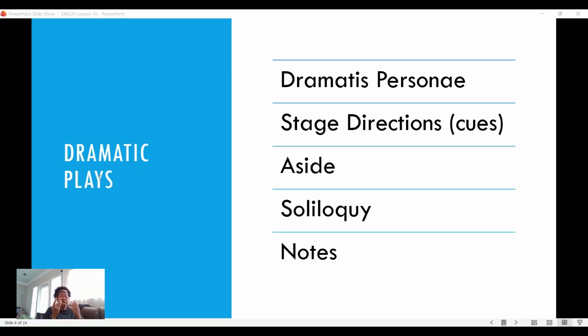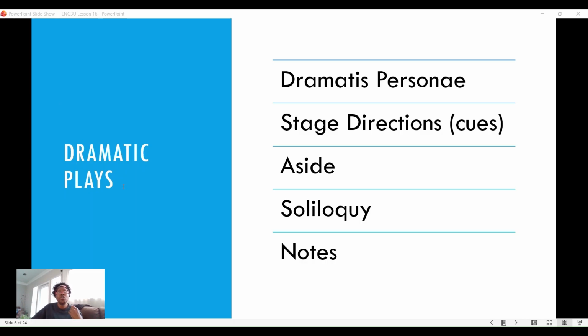Now, notes. Notes are brief explanations of potentially unfamiliar words or references that are provided by the author or the editor of the script. So, for instance, when we were reading Sylvia Plath's Initiation, there were little footnotes at the bottom of certain words that she was defining for us, because just because we think we know what the word means, sometimes the author is using it in a very unique way.